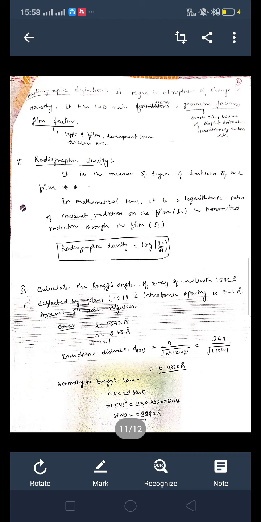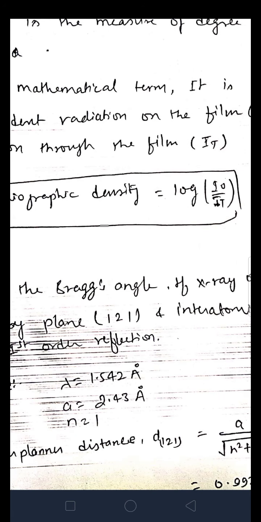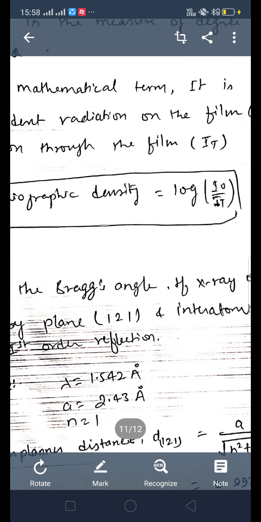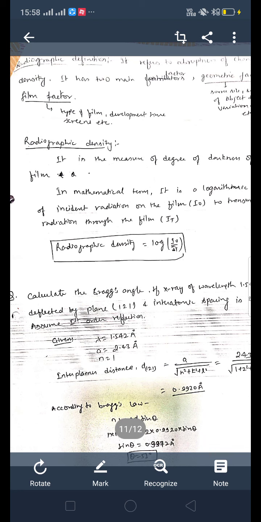And what is given in the question? The X-ray wavelength lambda is given as 1.542 angstrom, deflected by the plane in brackets, which means h, k, l. That is, h is equal to 1, k equals 2, and l equals 1 is given, that is the plane h k l.